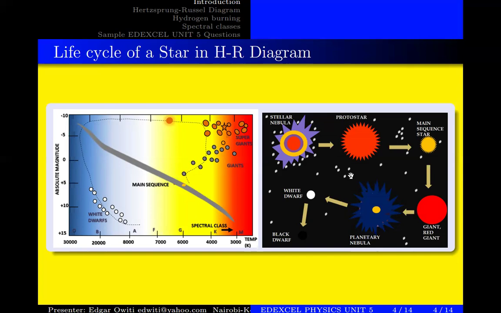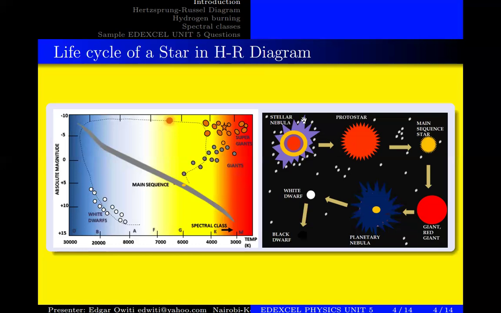There are different terminologies that I will introduce. On the left, I have the HR diagram, which has main features in it that are important to understand the life cycle of a star.